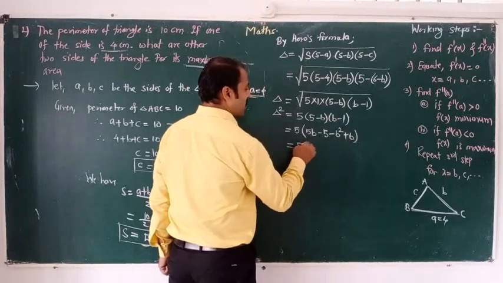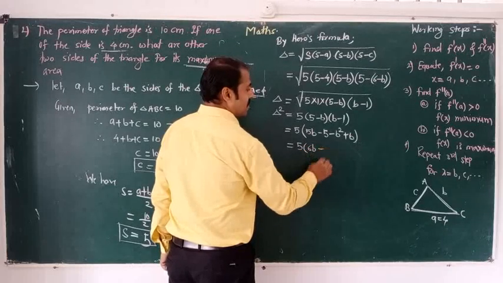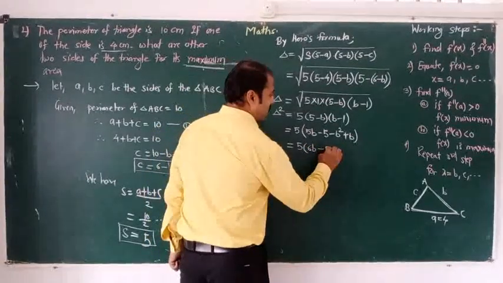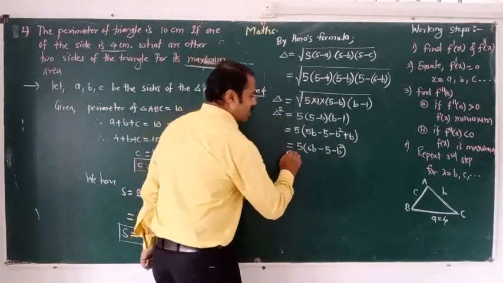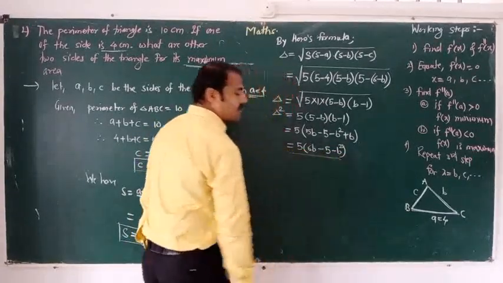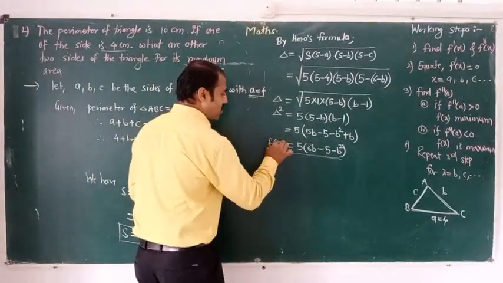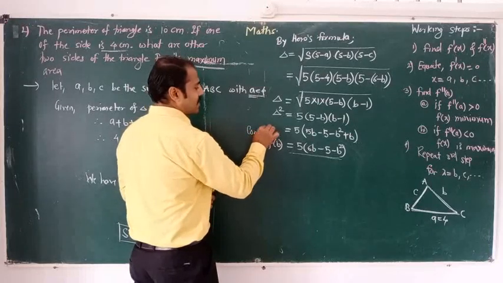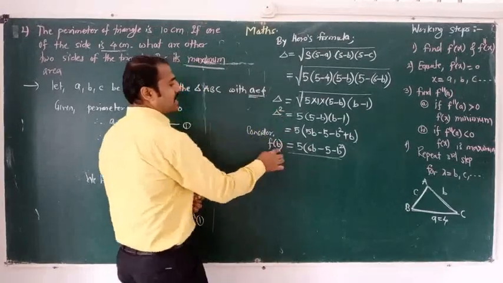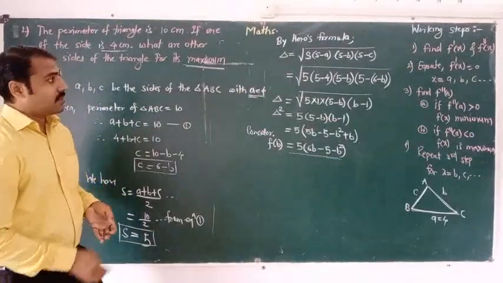So it is 5 into 5b plus b, which is 6b minus 5 minus b square. All the terms are in variable b, so I can denote it by f of b, and consider delta square is equal to f of b.